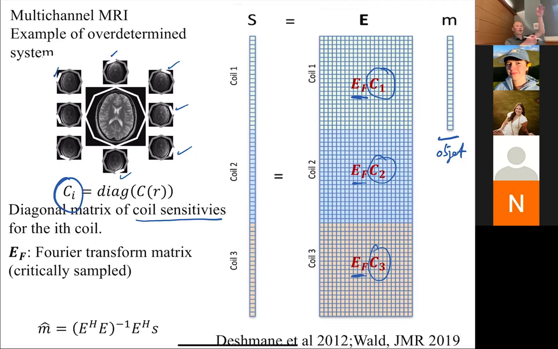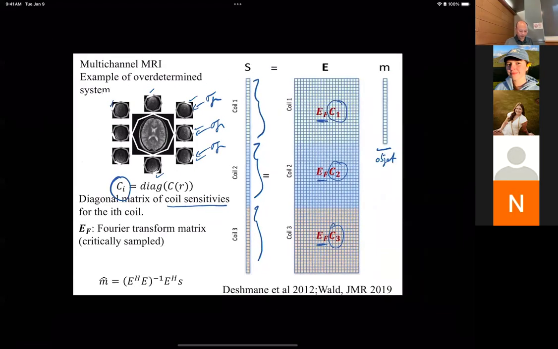So now for every coil, I have a full Fourier space, right? I've got the Fourier transform of this one, this one, and this one. I multiplied each of those images by the Fourier transform encoding matrix, and I get this data from this coil, this data from the second coil, and this data from the third coil.